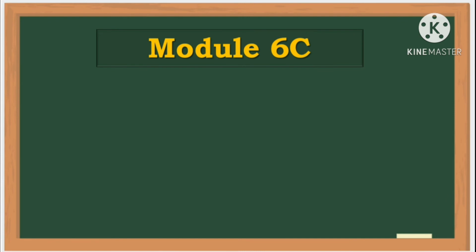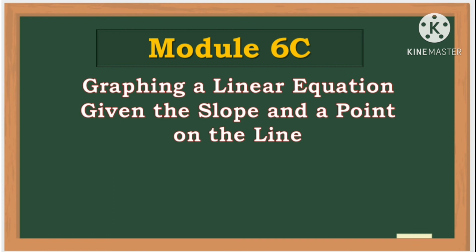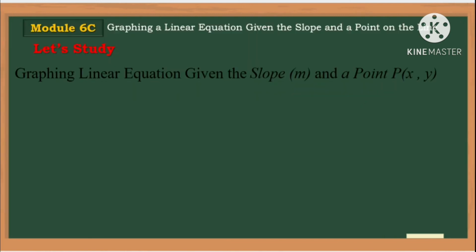Let's proceed now to Module 4C. In Module 4C, we're going to graph a linear equation given the slope and a point on the line. So, let's have a simple study.